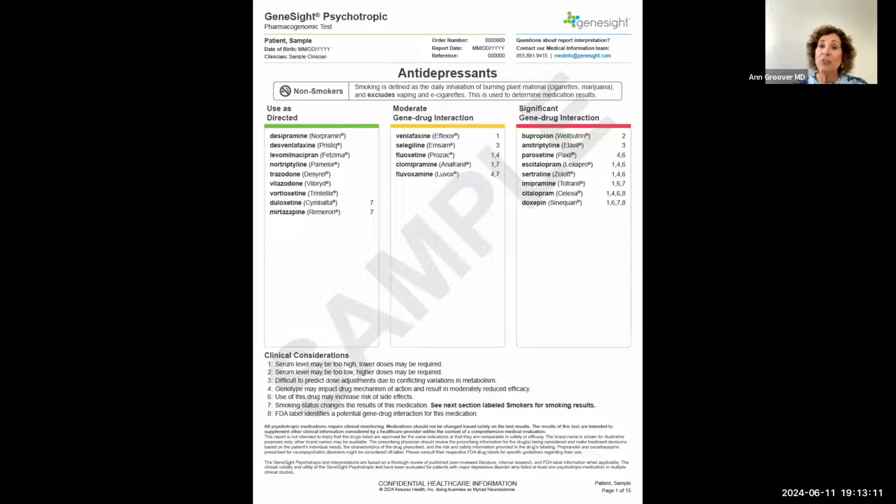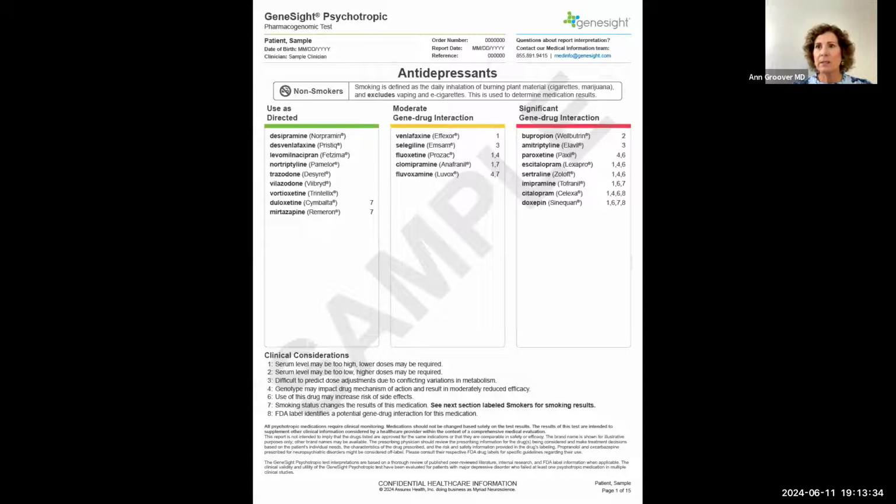I know that they're a slower than normal or faster than normal metabolizer of that medication. That informs my use of that medication so I can have a better chance of being successful and avoiding problems, avoiding toxicities. So I rarely select a medication that's in the red category.